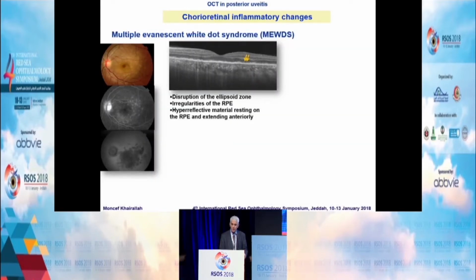In patients with MEWDS, OCT is very useful in confirming the diagnosis. OCT will show disruption of the ellipsoid zone, irregularities of the RPE layer, and the presence of hyperreflective material resting on the RPE and extending anteriorly.